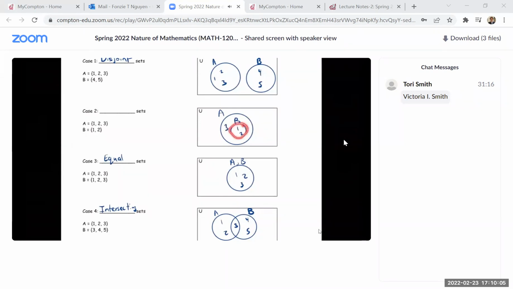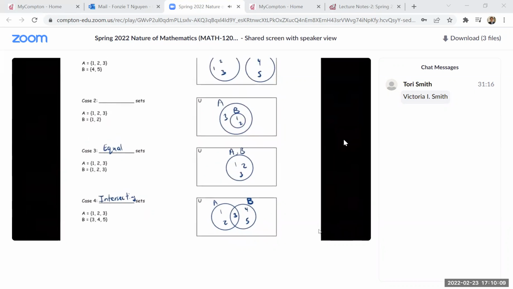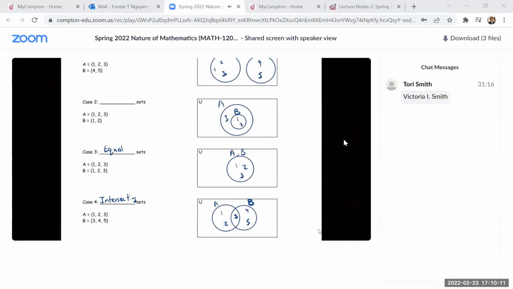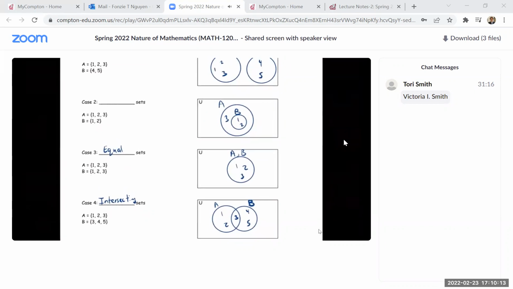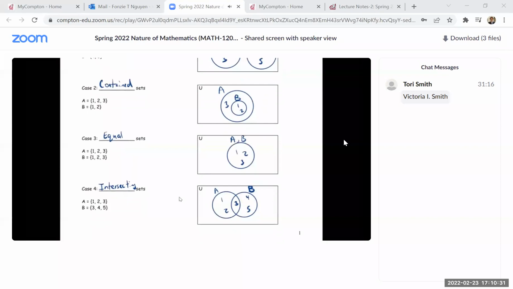So the entire set B is inside of A. I'm trying to remember how to word that. I think they word it contained sets, because the entire set is contained inside of the other one.